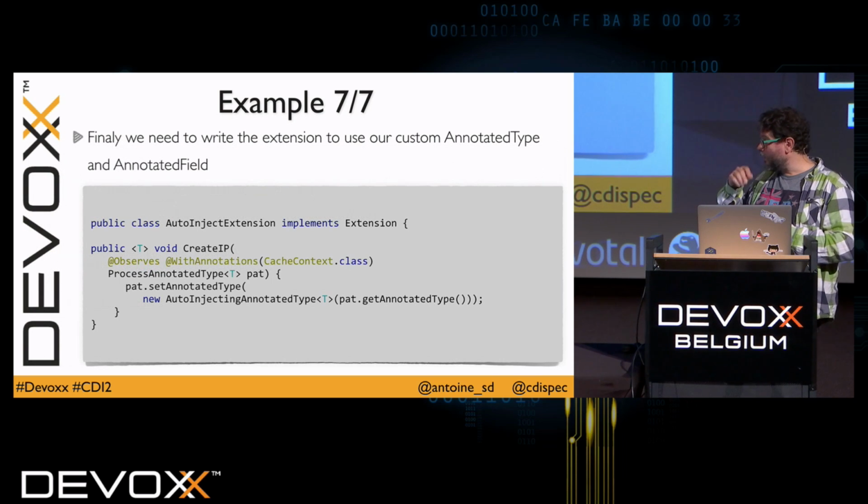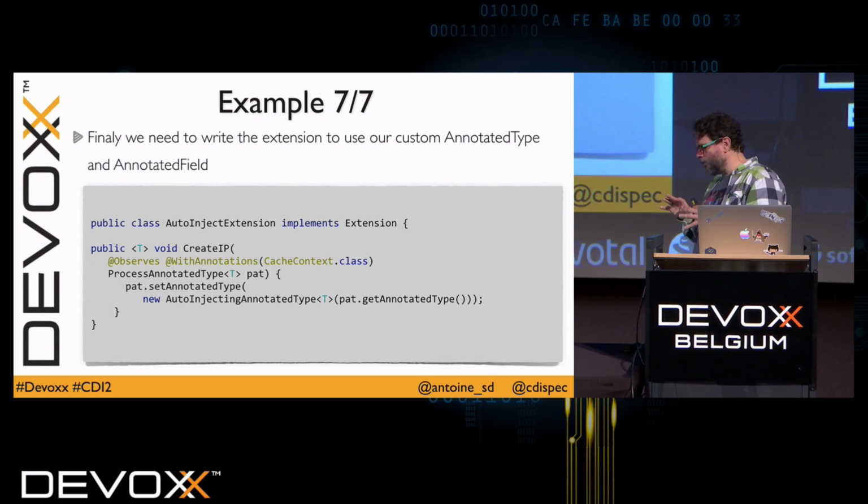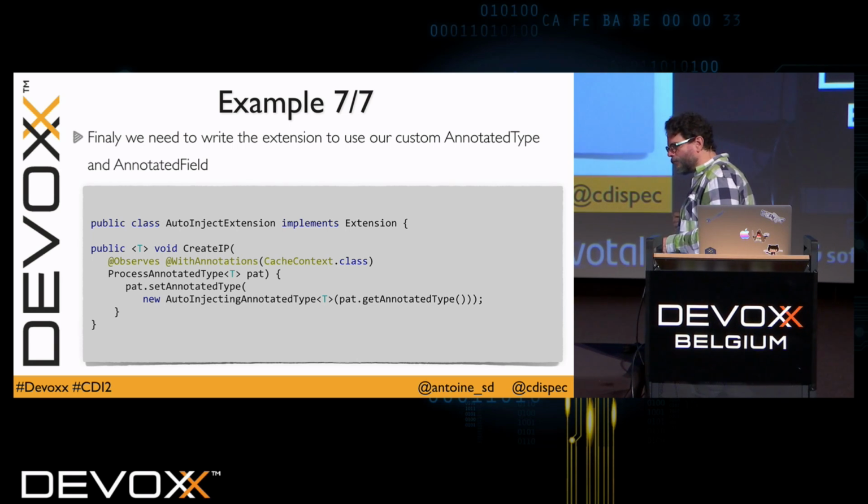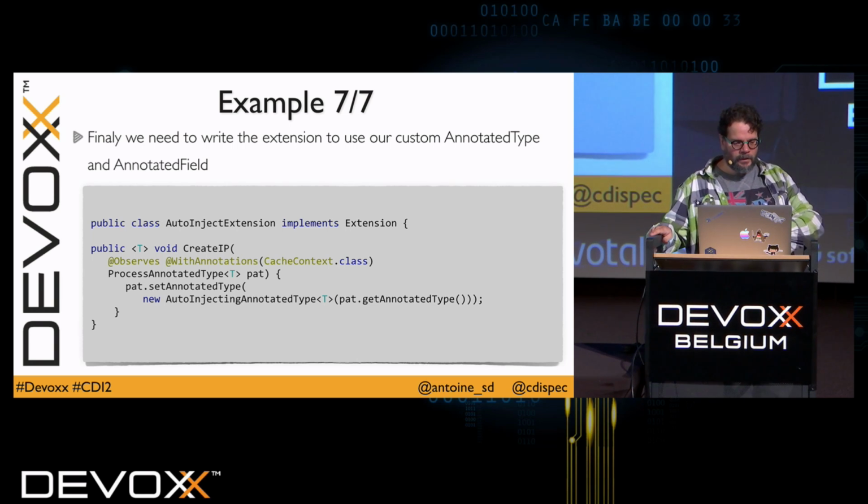And last but not least, when I have developed both classes, I have to use them in an extension. So I have the auto-inject extension that is observing the process annotated type event. In this event, I'm catching only the classes having the cache context annotation.